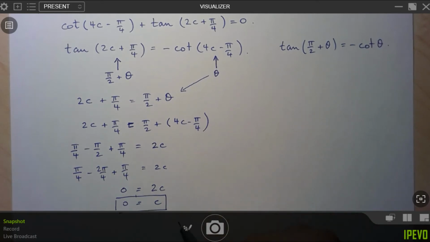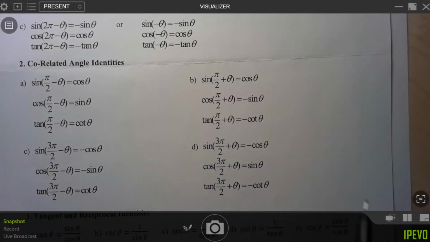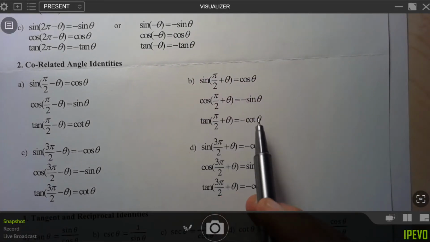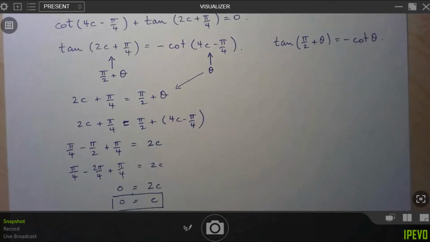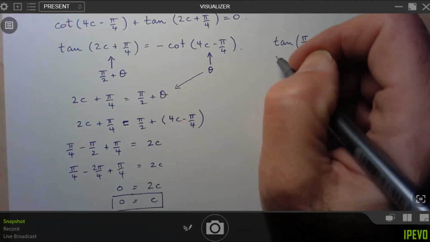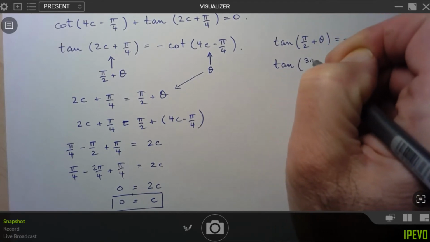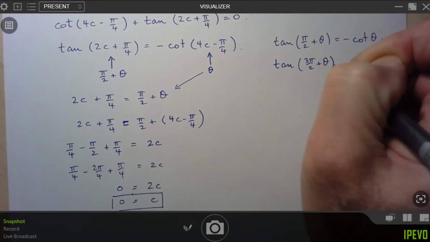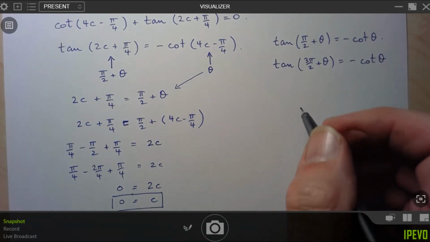Let's see how I would do it to find a second answer. Well, remember that this was not the only identity that has a tangent value equal to the negative cotangent value. This one also does that. So let me now use that second identity and see if we can generate a second answer. Here, we're going to use tan of 3 pi over 2 plus theta. It's also equal to negative cotangent of theta. And I'm going to do the same thing.